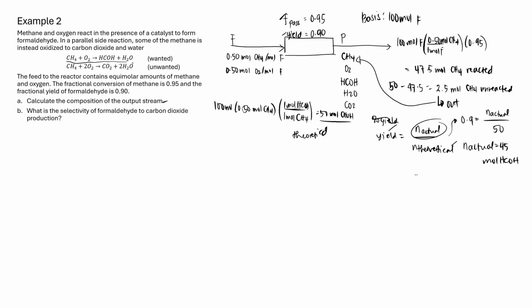Let's tabulate it here on the side. Species and moles. And then let's do percent here. So for CH4, that's 2.5 moles out. For formaldehyde, that's 45 moles.